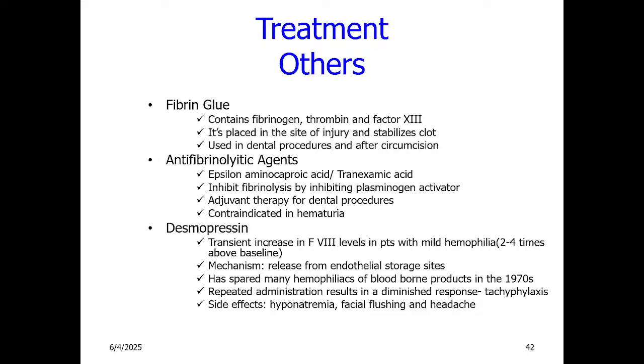Then antifibrinolytic agents, epsilon aminocaproic acid or tranexamic acid. Epsilon aminocaproic acid is not available in India, and tranexamic acid is not available in America. They have epsilon aminocaproic acid. So, we use tranexamic acid. The dose is 25 mg per kg per dose 3 times a day.